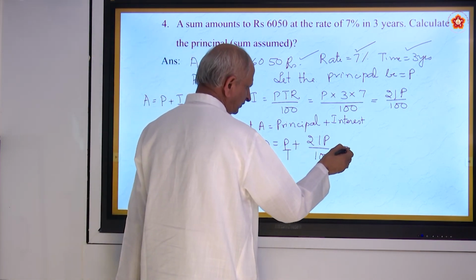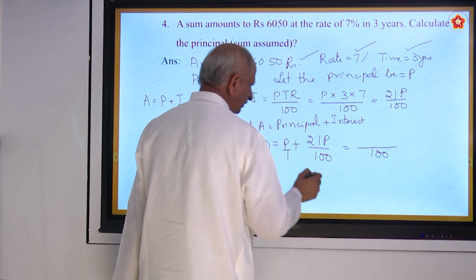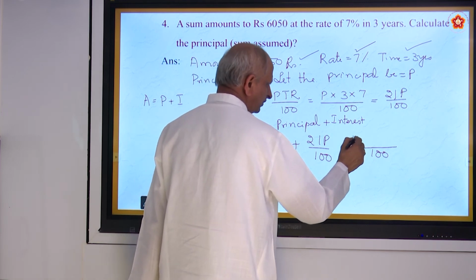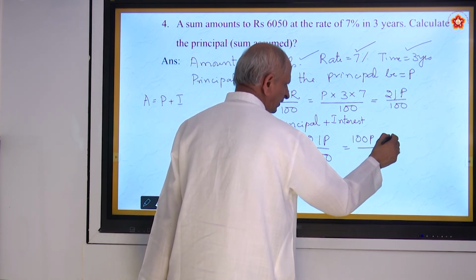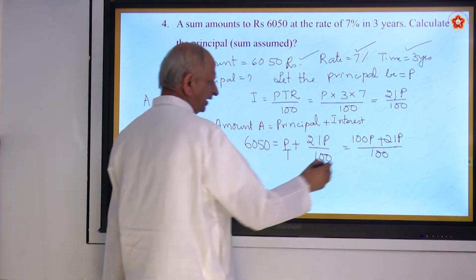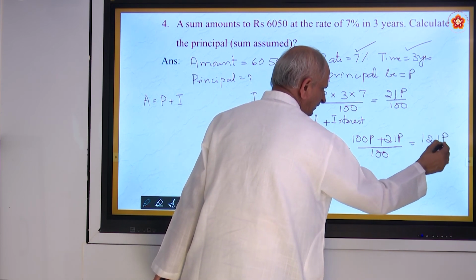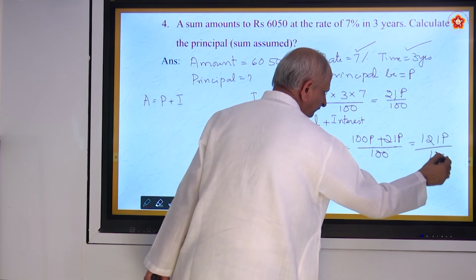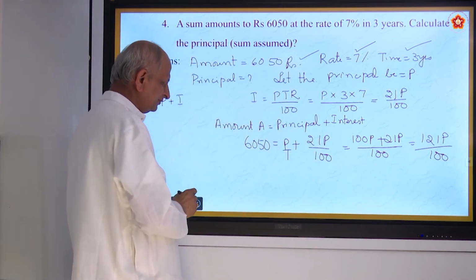That will be 100 here. 100 into P becomes 100P plus 21P. This is a simple equation you get. That will be equal to 121P by 100. Are you noting down? Okay, go on, note down.